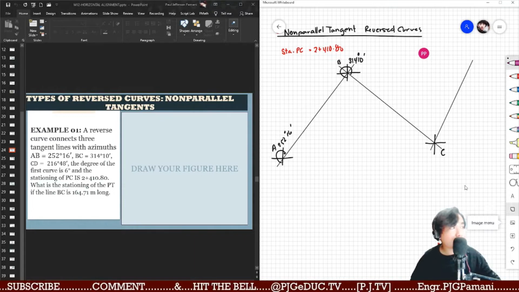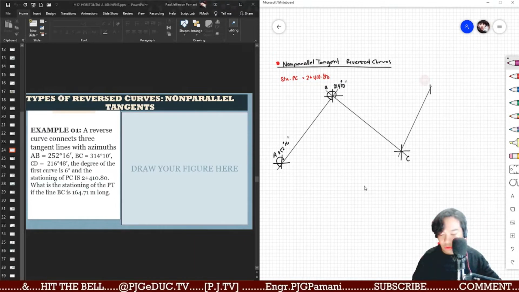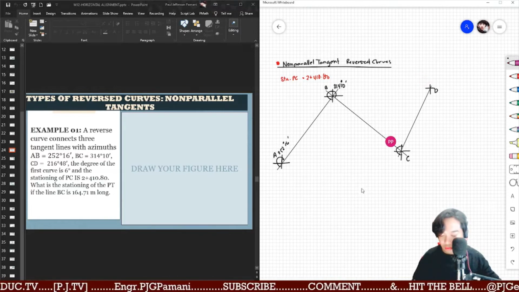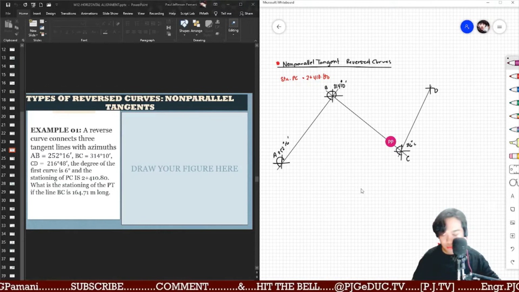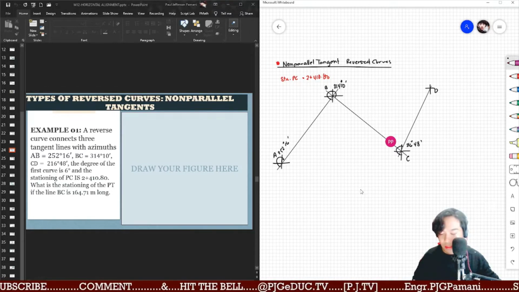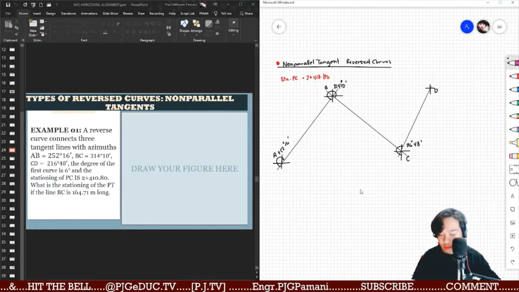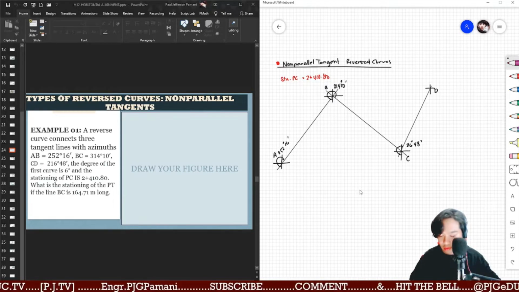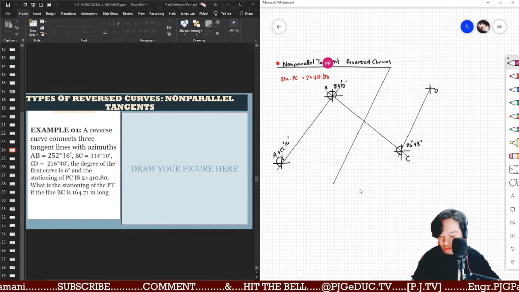Ayusin nyo na lang sa drawing ninyo, no? C to D is 216 degrees 48 minutes. Plot natin yung ating curve, no? First, we need now to identify the radius of our reverse curve in our drawing.